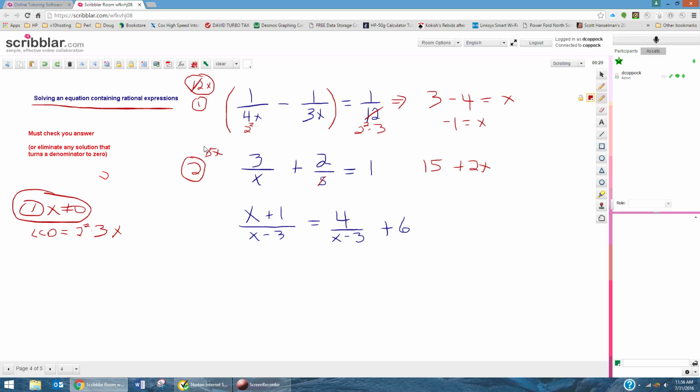And 5x times the 1 gives me 5x. Now I have a linear equation with no fractions, no rational expressions. Subtract 2x from both sides, divide by 3.